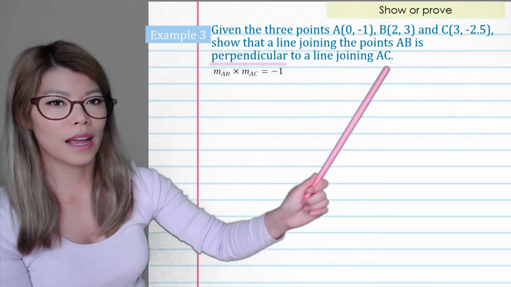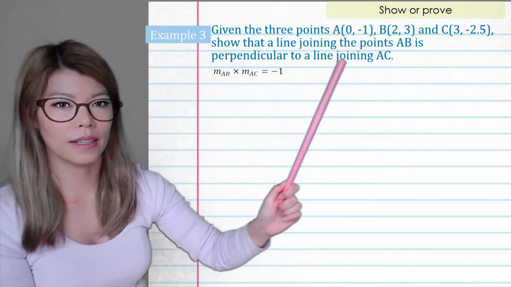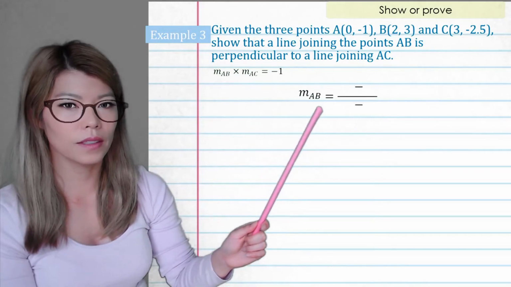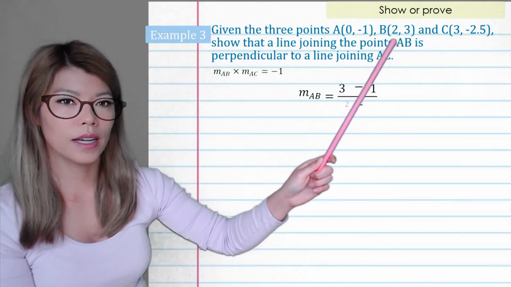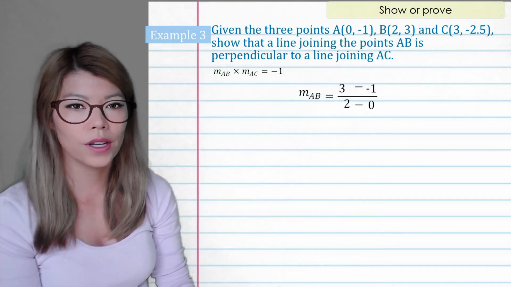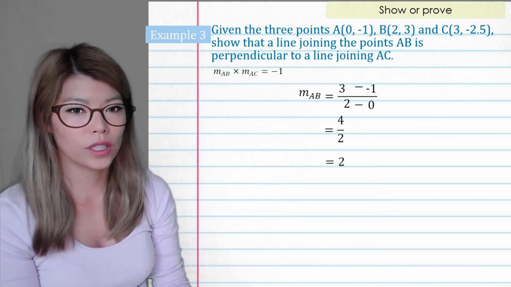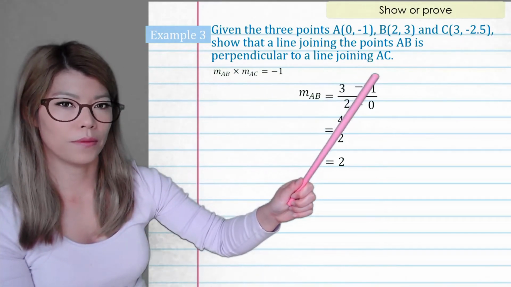Let's find m of AB, or in other words, the gradient between A and B. We would use the formula. Plugging the numbers in, 3 minus -1 and 2 minus 0, which gives us 3 plus 1 is 4 over 2, which is 2. So m of AB is 2. Now we have to find m of AC.